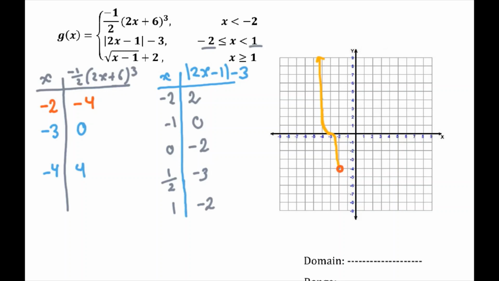And then 1/2 and -3 is here. 0, -2. 1 and -2. -1 and 0. And -2 and 2.